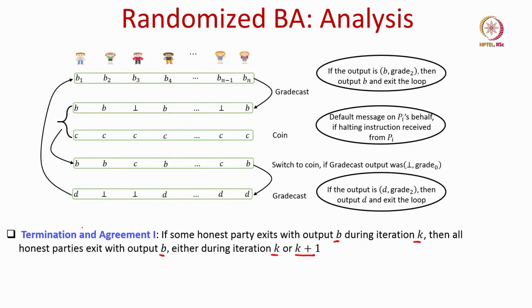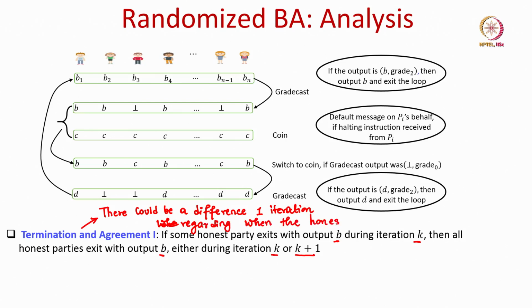So, before we go into the proof, this property basically states that there could be a difference of one iteration regarding when the honest parties terminate.